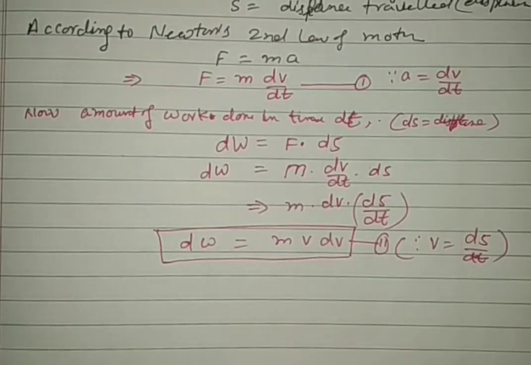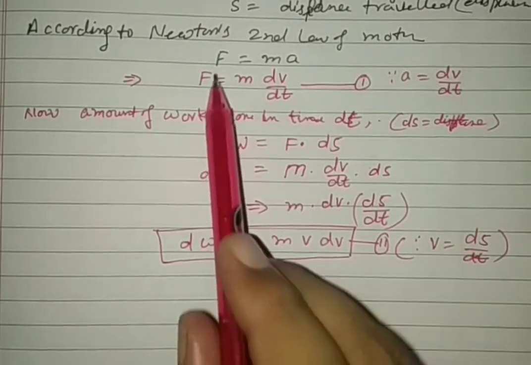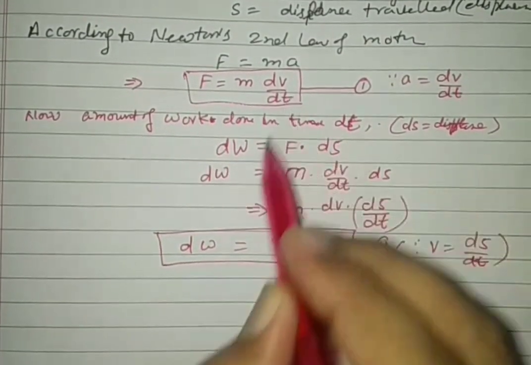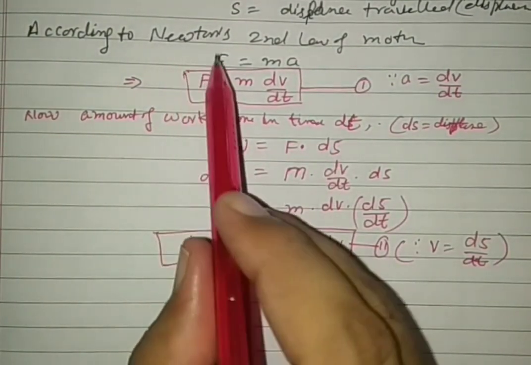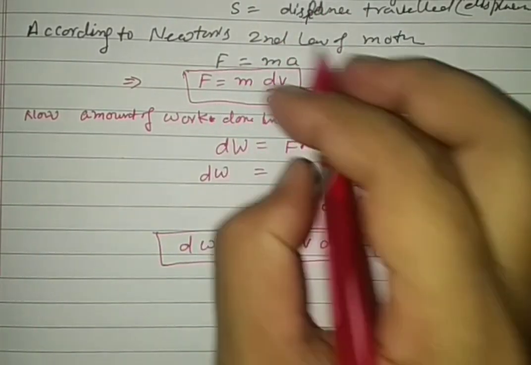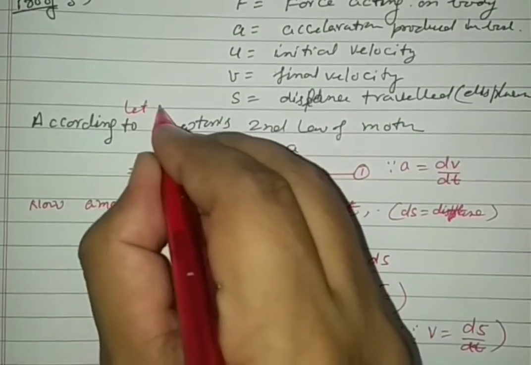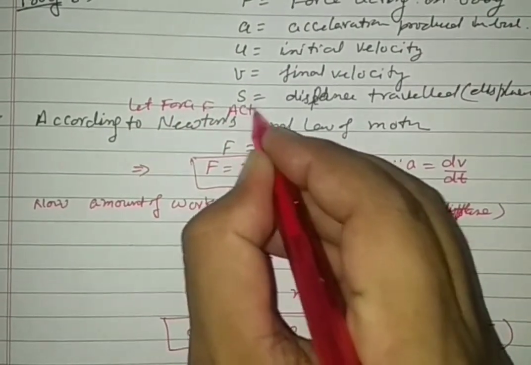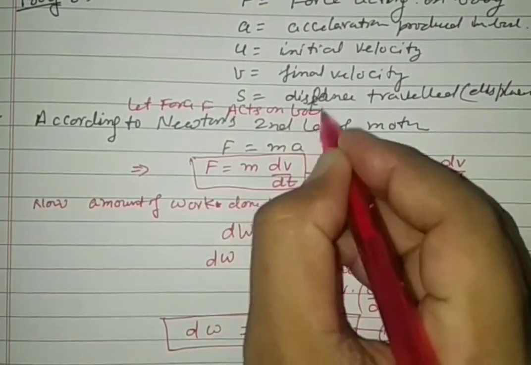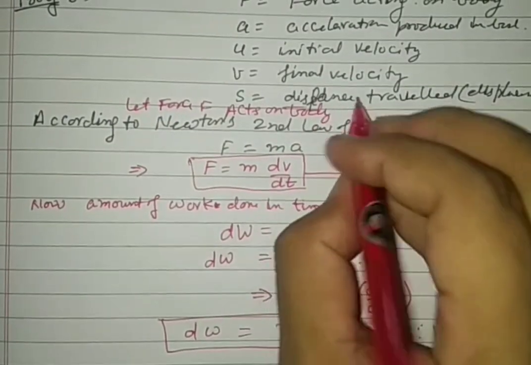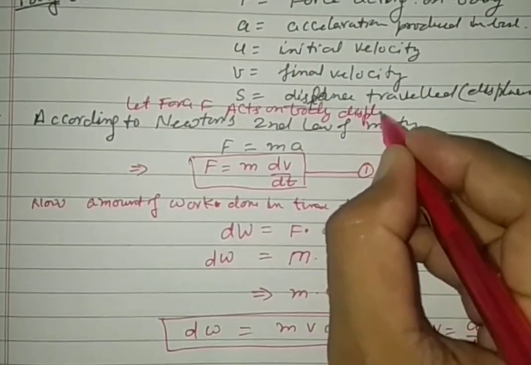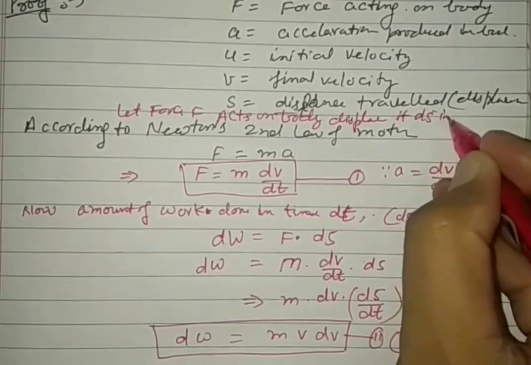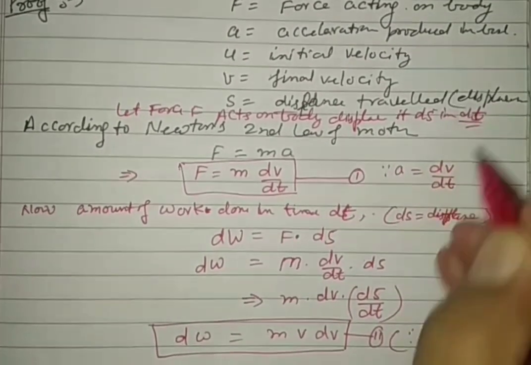We have obtained two equations. The first one is F is equal to m dv by dt. Suppose force F acts on a body and displaces it by ds in dt time.